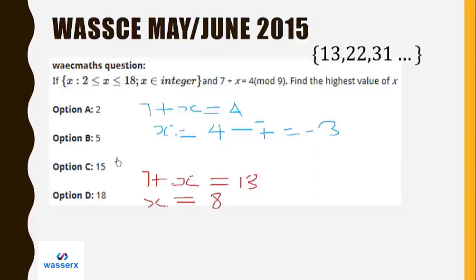Now 8 is within this interval, but they said we should find the highest value of x within this interval. So we'll try to see whether we can solve again.